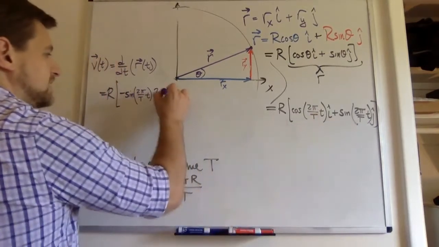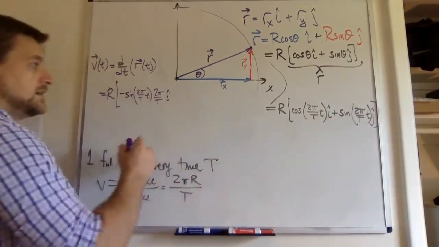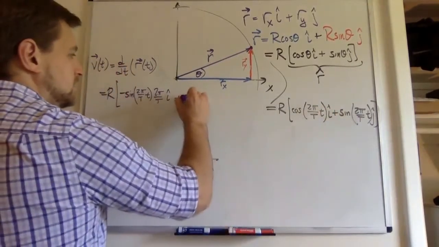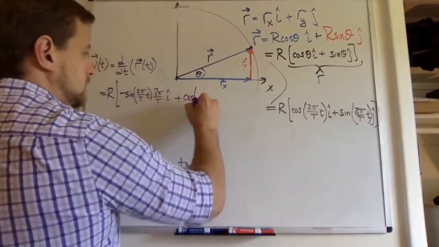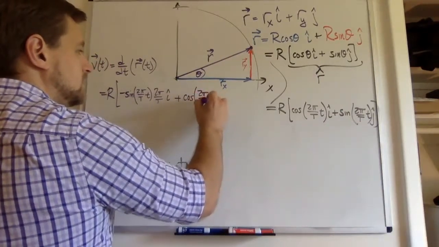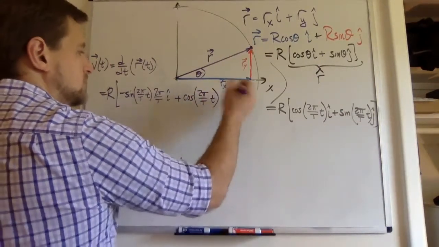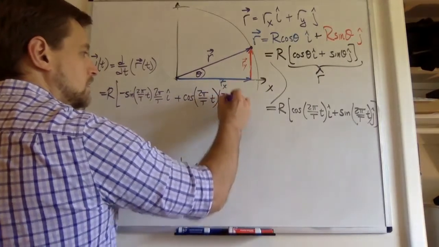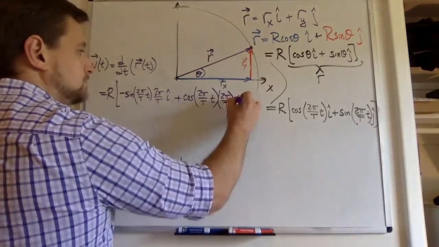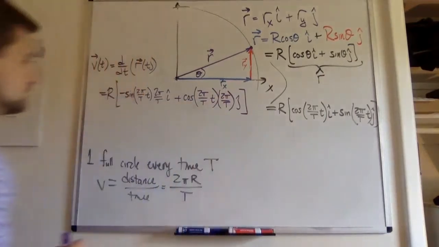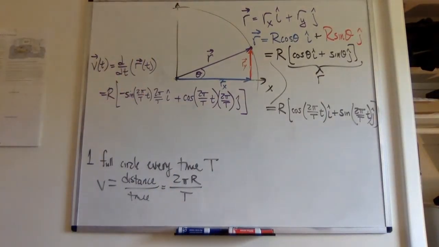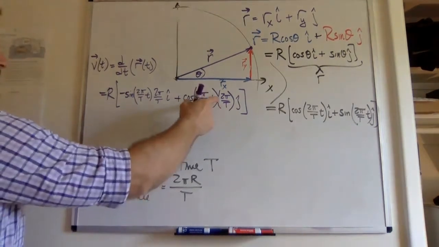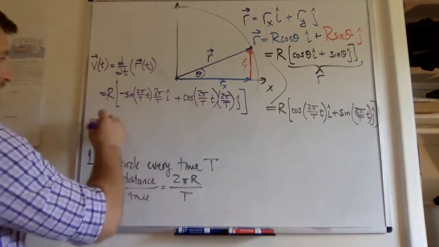And i hat is constant, so that just gets to stay there. Plus the derivative of sine is cosine, the argument, times the derivative of the argument. Okay. Cool. Let's factor out the things that are constant.